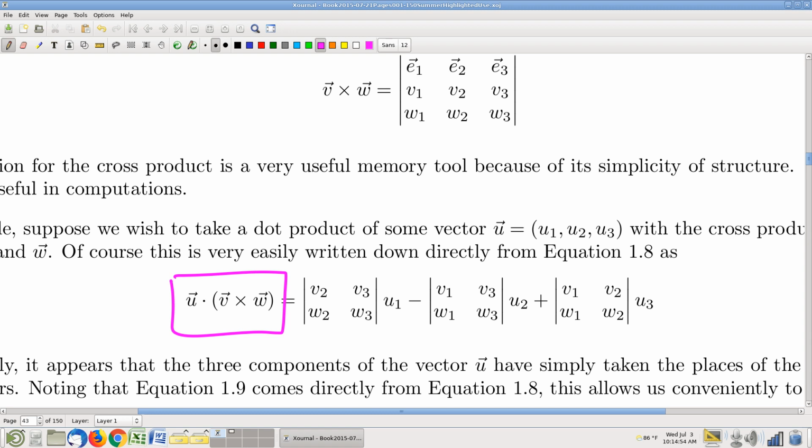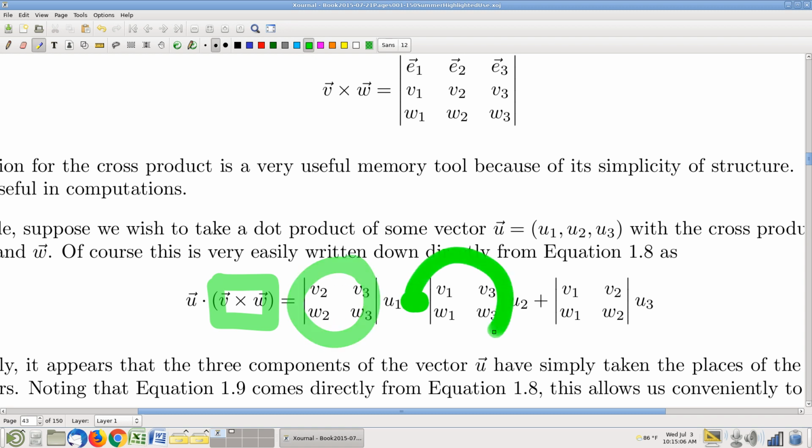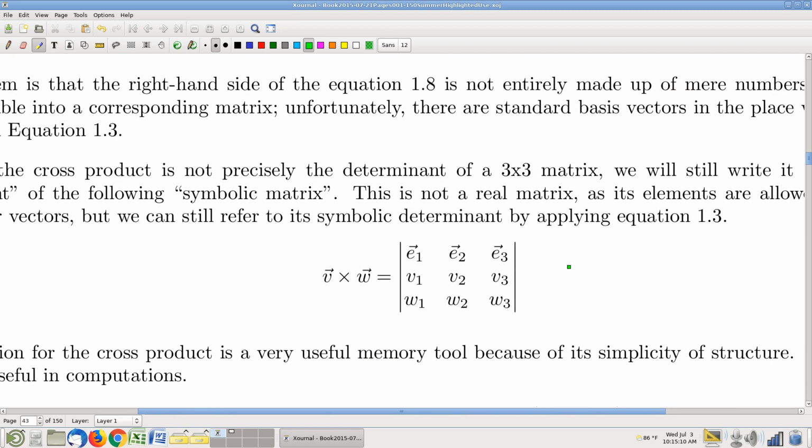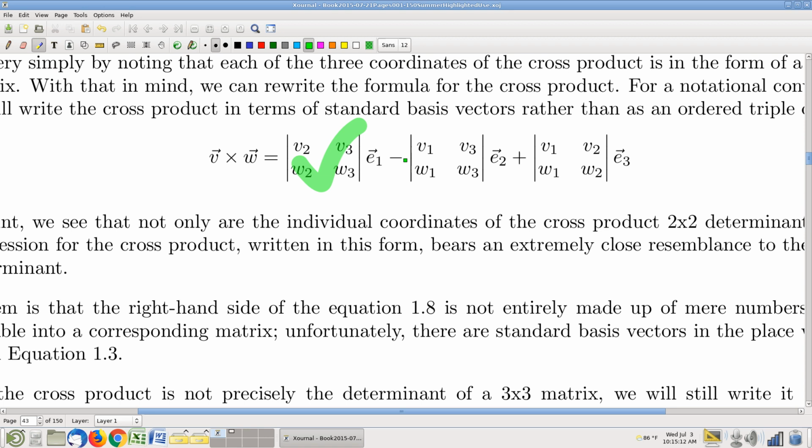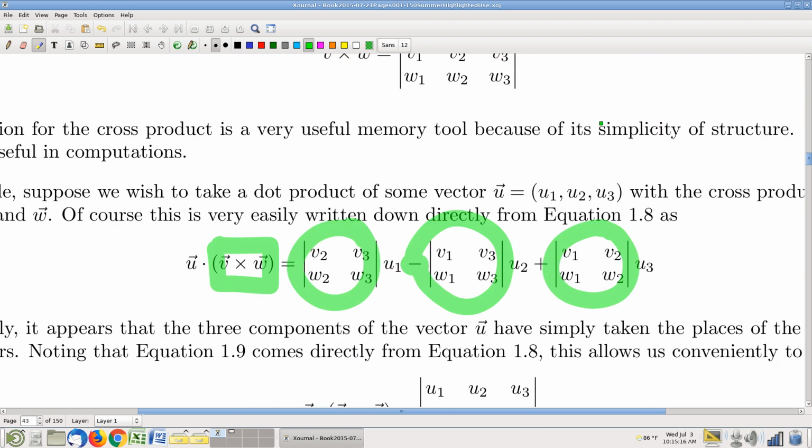There's an easy formula for this triple product. Notice it's the cross product I have here. Here are the coordinates of the cross product, and I'm multiplying them one at a time and adding, namely doing a dot product, with the coordinates of u.